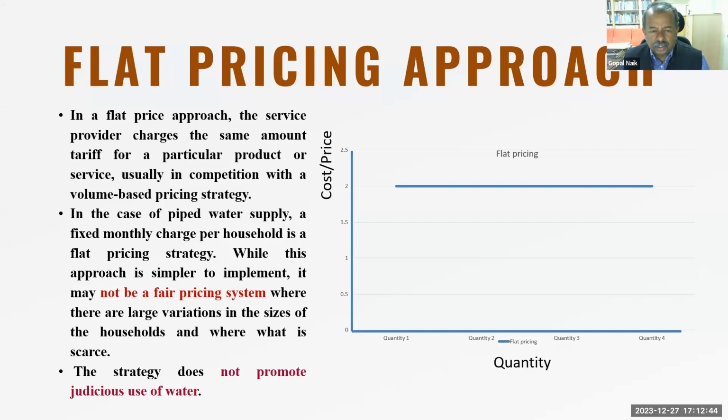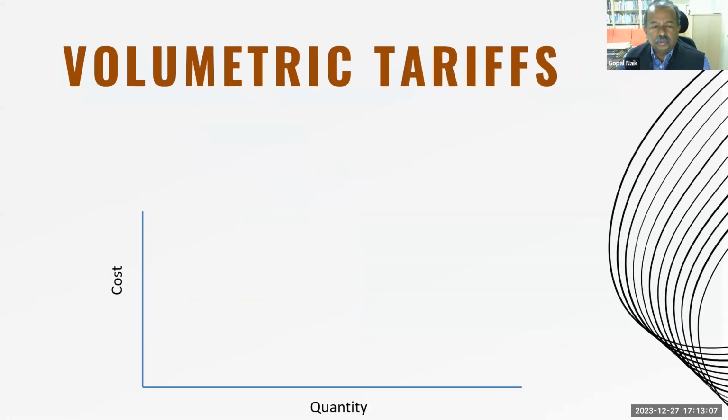So therefore, it's advisable that while one may use a flat pricing approach at the initial stage, you try to move to a volumetric pricing system where you charge based on the amount of water consumed.